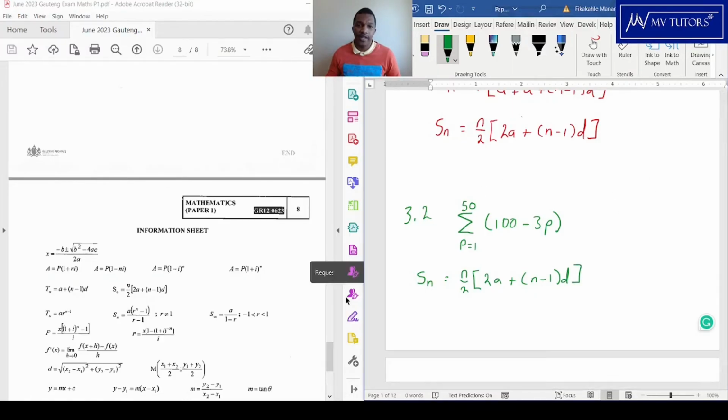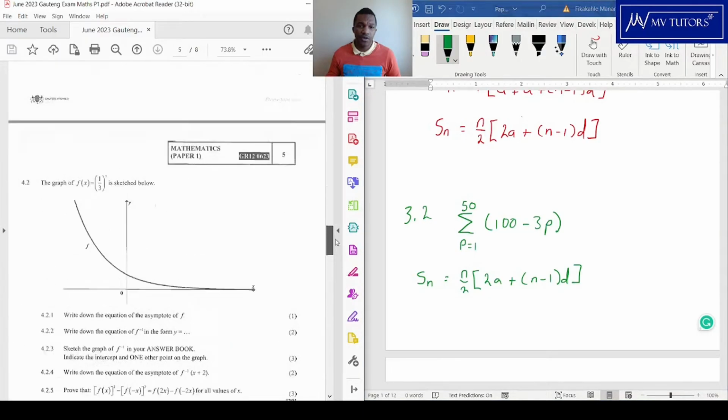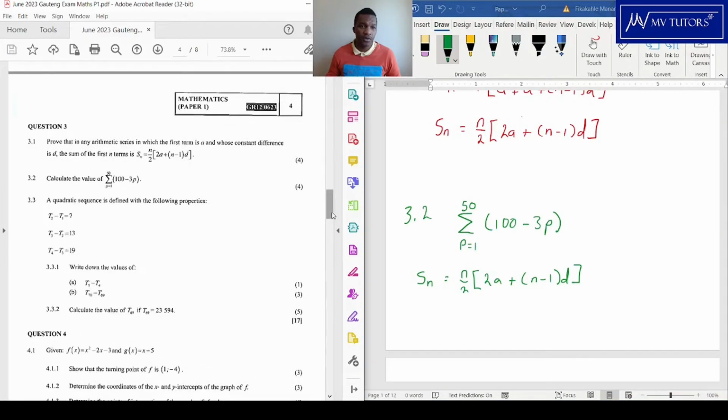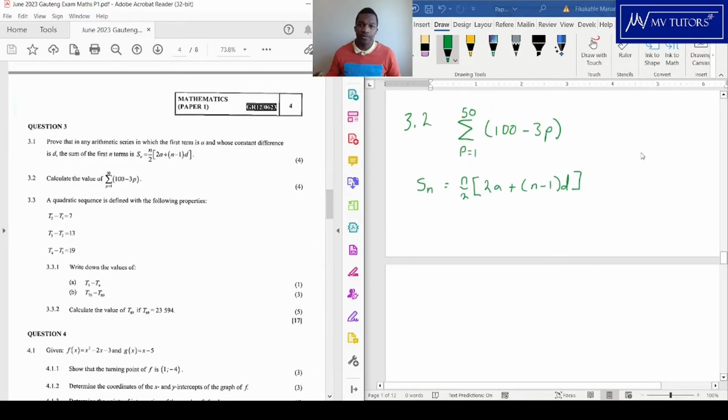Okay, now let me scroll up to the question just for semantics. Okay, so there we go. Now let's solve T1. What this means is that we substitute 1 where P is, so it's 100 minus 3 times 1. It should give us T1.